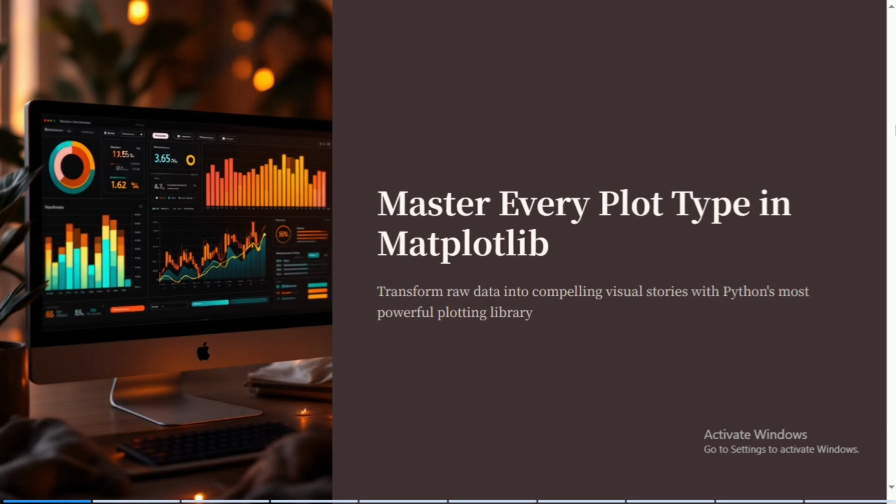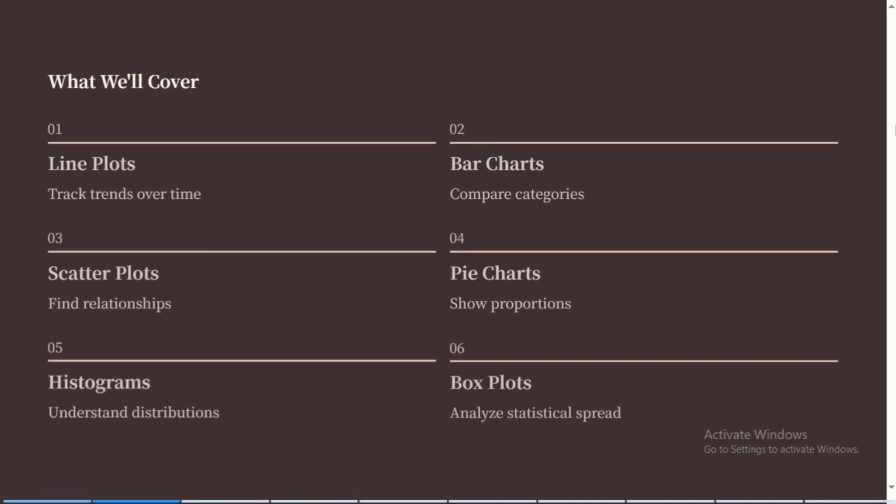In today's video, we are going to master every important plot type in Matplotlib, the most powerful visualization library in Python. By the end of this video, you will clearly understand how to transform raw data into compelling visual stories, just like real data scientists. So let's go ahead.